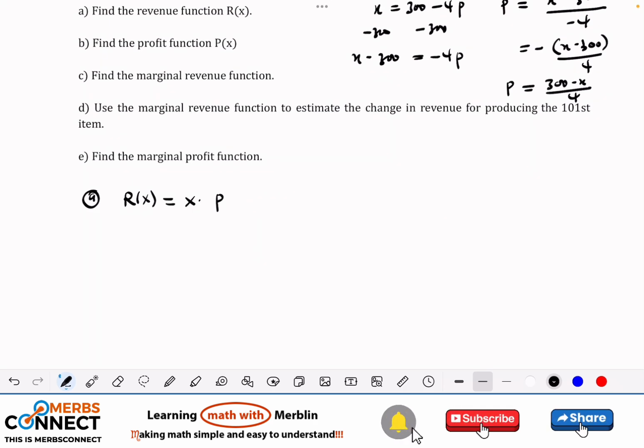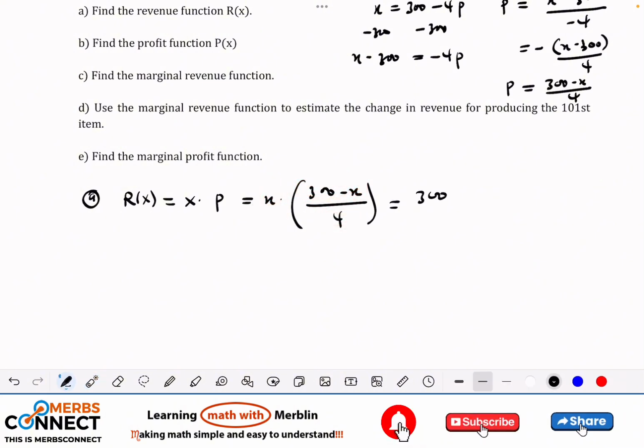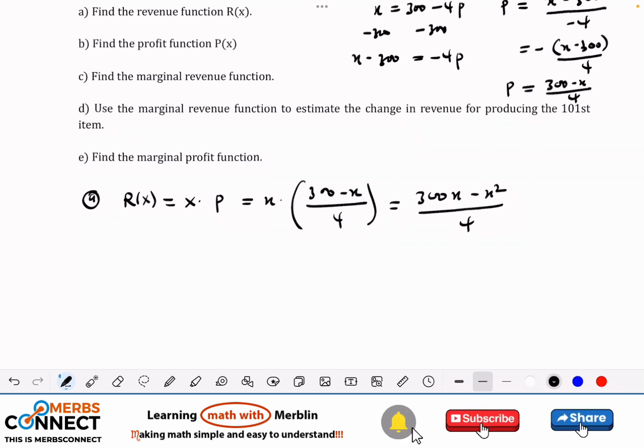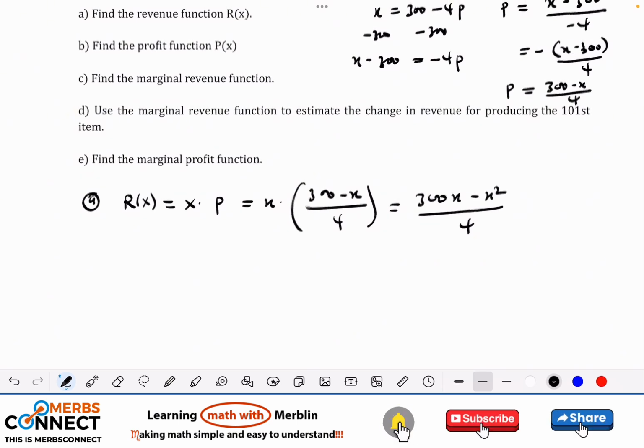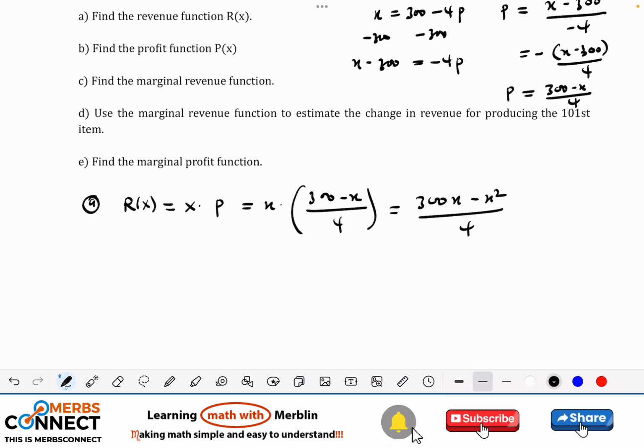So now, since I was able to make P the subject, then X times 300 minus X divided by 4, and this is like divided by 1. So the top will multiply the top and the bottom will multiply the bottom. So we are going to have 300x minus x squared divided by 4. Good. So that's what you are going to get for the revenue function.